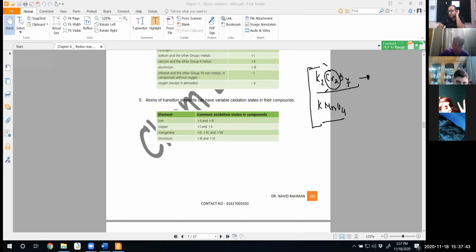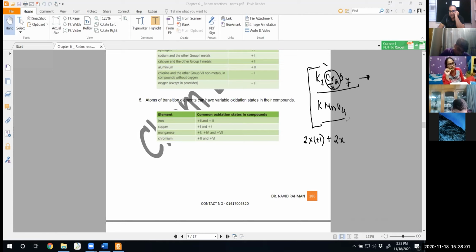How do we do so? So potassium is 2 into +1, plus, since there are 2 chromiums, and we do not know chromium, we take it as X. So it's twice X, plus oxygen. Each oxygen has a valency of -2, although oxygen valencies can also vary.